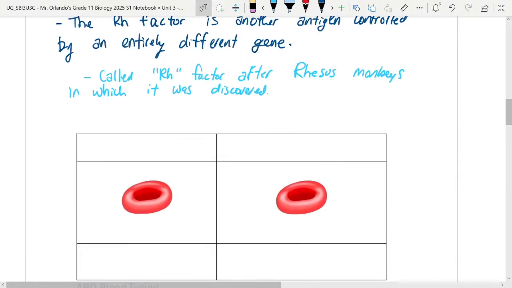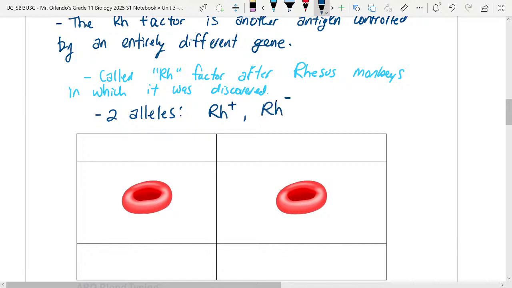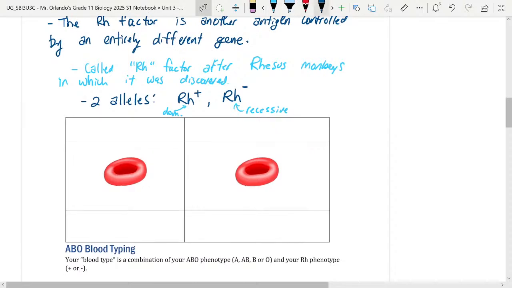So now there's two alleles, and the two alleles are Rh positive and Rh negative. Does that make sense? And the Rh positive allele is dominant, and the Rh negative allele is recessive, which means in the end we have two phenotypes.